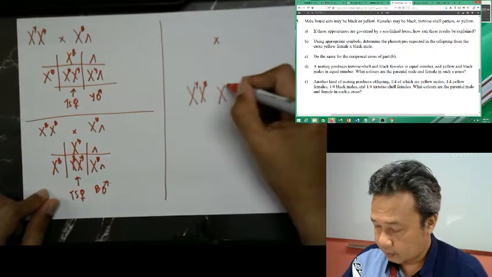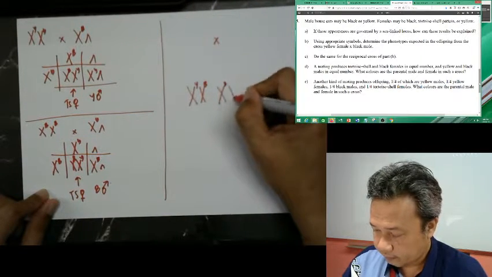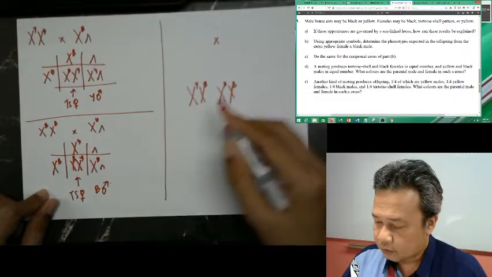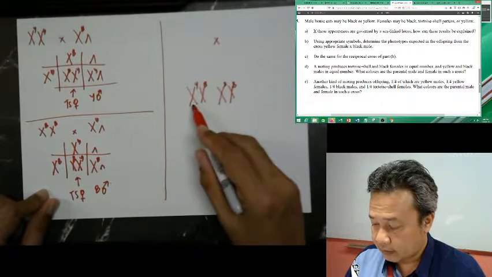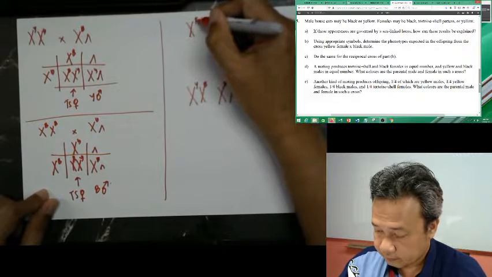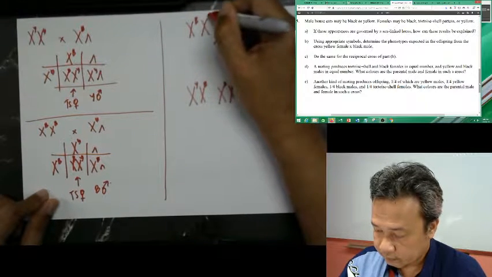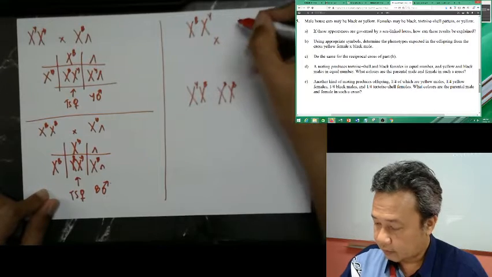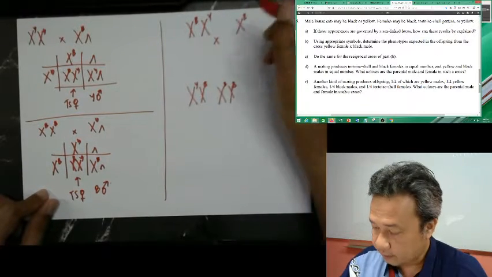From here you can already see that the female must be a tortoiseshell, and the male must have a B and Y.